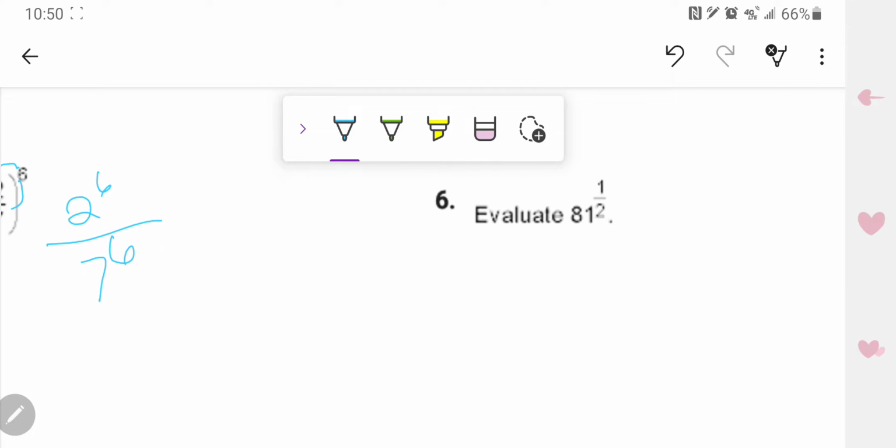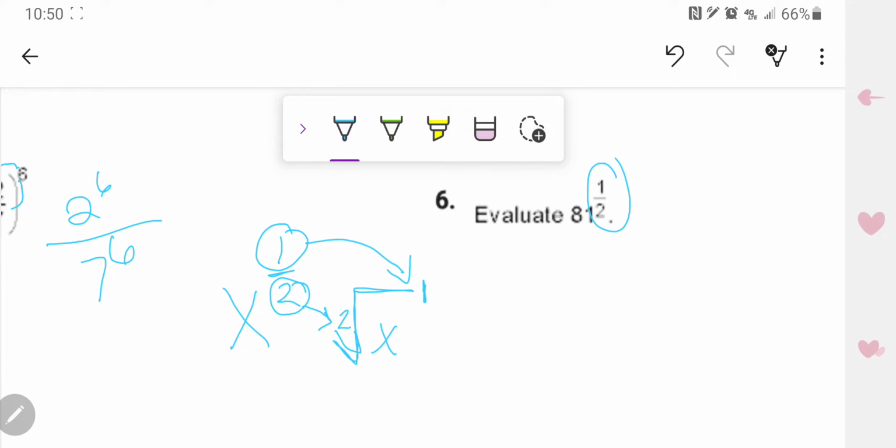Okay, so this one we have not talked about yet, but I was waiting until we got to these problems. If you have an exponent that is a fraction, what that means is that it actually is a root as well. The bottom number of the fraction goes into the index, and the top number goes as an exponent. So x to the 1/2 is the square root of x.